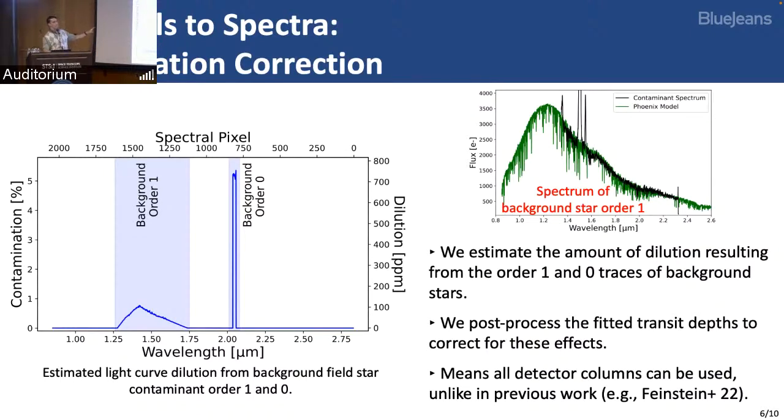Once we have this estimate, we can post-process our fitted transit depths and correct for this effect. This allows us to use basically every single column on the detector. In previous works, we've had to mask regions where we thought might be contaminated by order 0s, but now we can use the entire wavelength range.